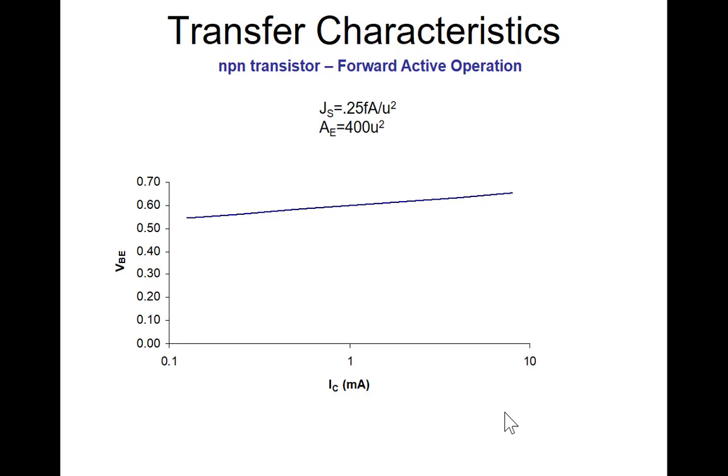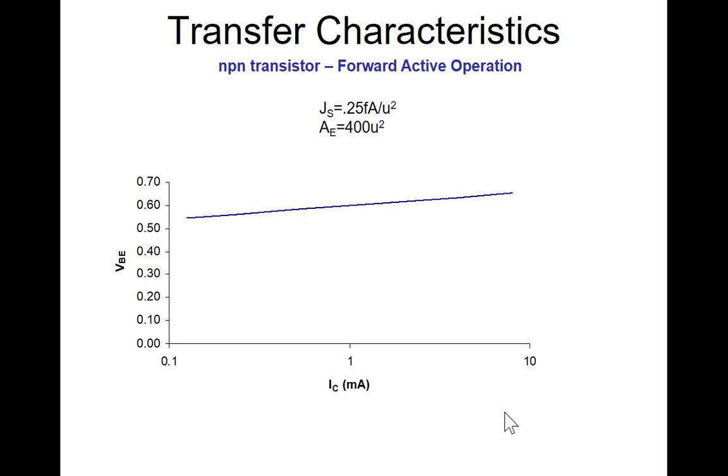Here is a plot of the collector current versus the base emitter voltage for JS of 0.25 femtoamps per square micron and an emitter area of 400 square microns. We observe that as VBE goes from about 0.55 to about 0.58, the collector current varies by 2 orders of magnitude, due to the exponential relationship between the collector current and the base emitter voltage.